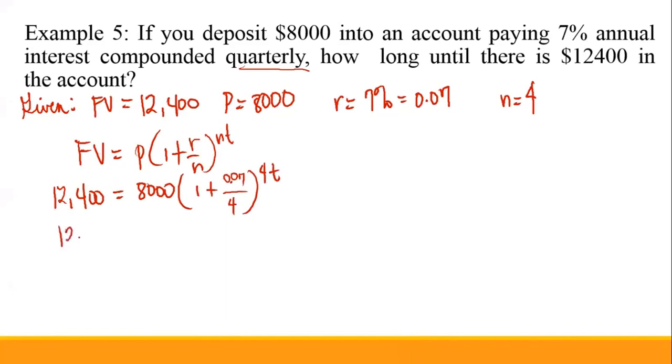So this is 12,400 equals 8,000 times the value inside the parentheses, which is 1.0175 raised to 4t. So we use the order of operations to simplify the problem. Okay, and then divide each side by 8,000.